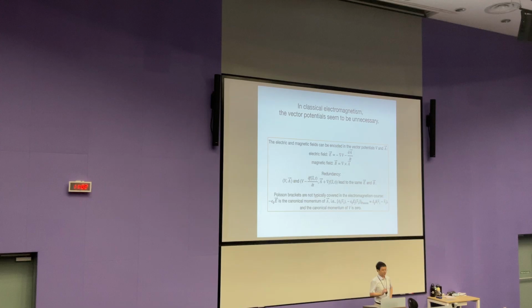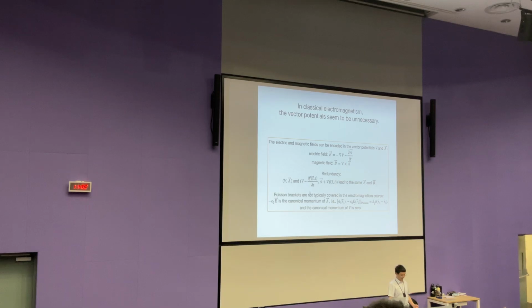There's another thing I want to mention, which is typically not covered in the electromagnetism class. I think you have learned classical mechanics, right? For a dynamical system, there can be the coordinates or generalized coordinates and their canonical momentum. They have specific Poisson bracket.